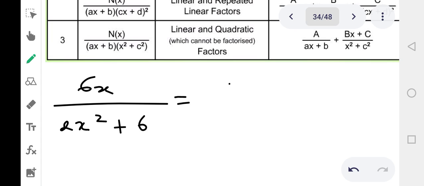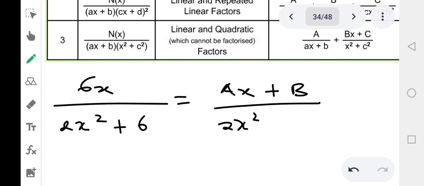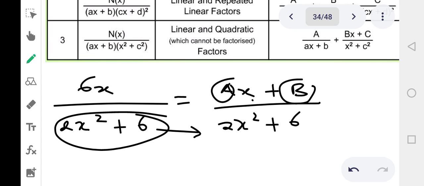We're going to say ax plus b over 2x squared plus 6, like that. So if you can't factorize it, just say ax plus b divided by this whole thing. Take the quadratic factor just like that and put it down here.